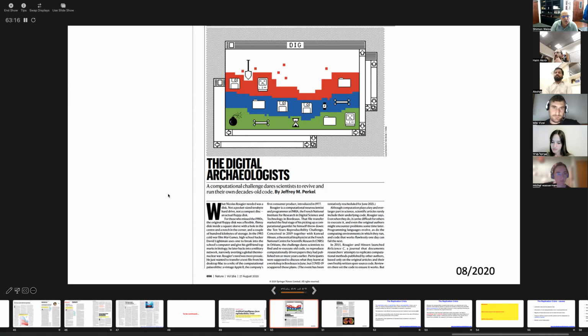A computational challenge dares scientists to revive and run their own decades-old code. As you move forward, operating systems are upgraded, hardware is being upgraded, and code that you wrote 20 years ago cannot run on machines nowadays, and you have to rewrite the code in Python or whatever. And there is a huge problem there too.